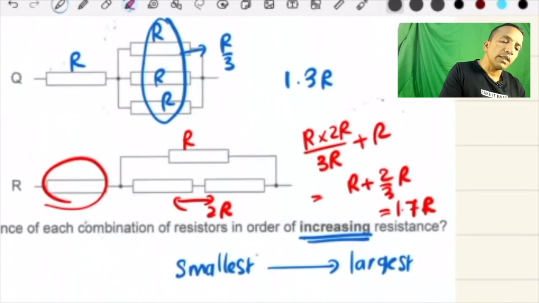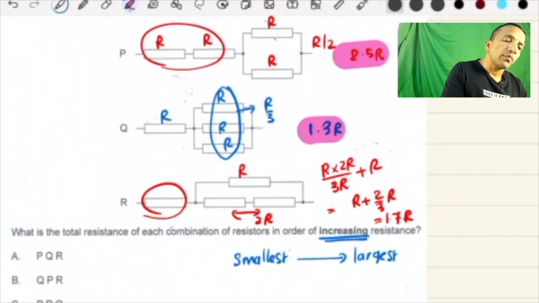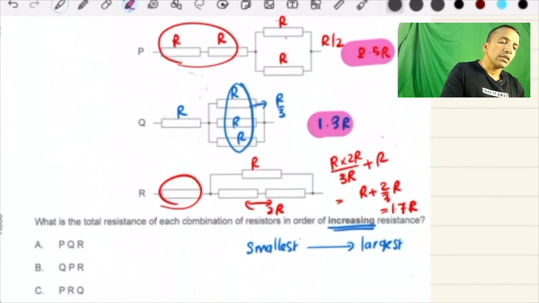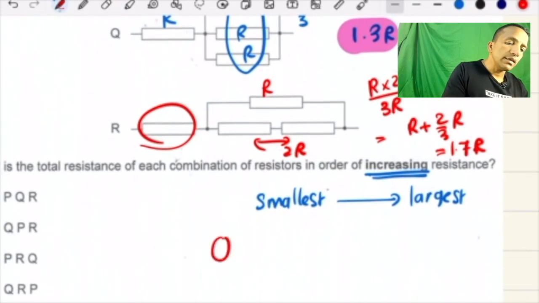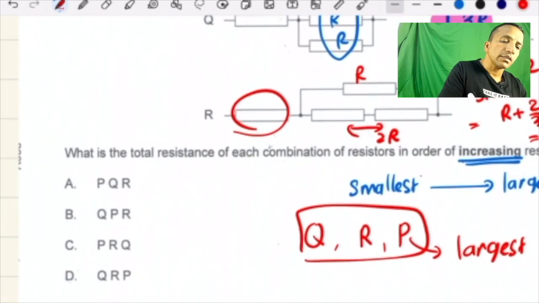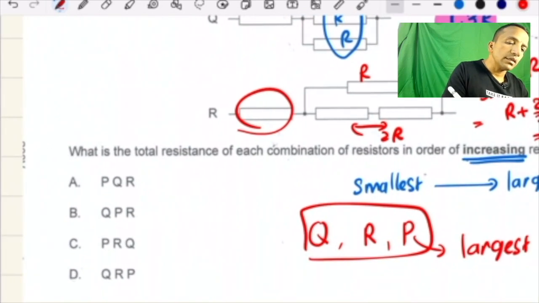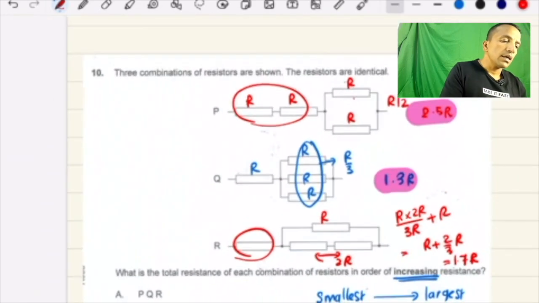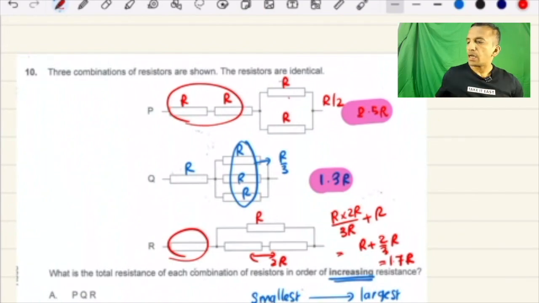One is 2.5, that's the biggest, and 1.3 is the smallest. So Q should be at the beginning, and R should be the next one, and P should be the last one because this is the largest resistance. So in this case, Q R P. Question number 10, the answer should be D.